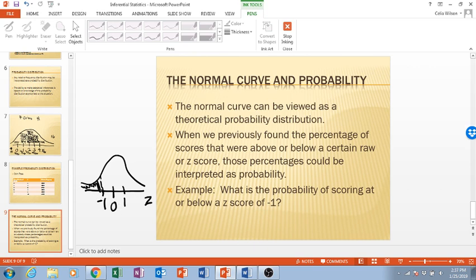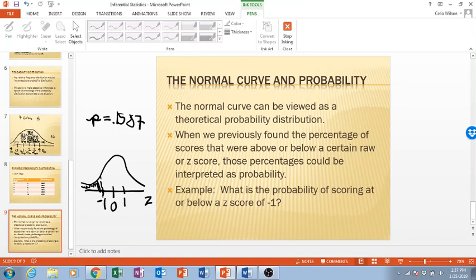So if you were to go and look in the back of the book, you would look in the table, you would find that P, because now we're going to start talking about it in terms of probability, is 0.1587.